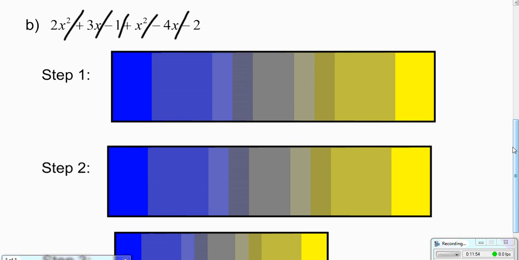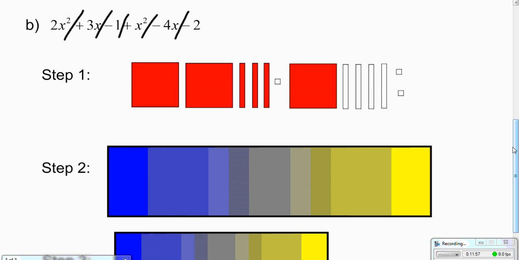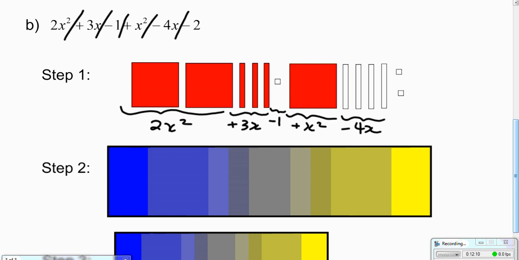Okay, so you should have built something like, or sketched something like that. So we have 2x squared plus 3x minus 1 plus x squared minus 4x minus 2.